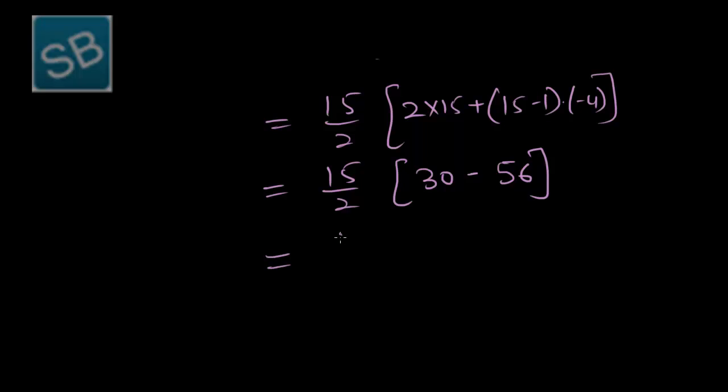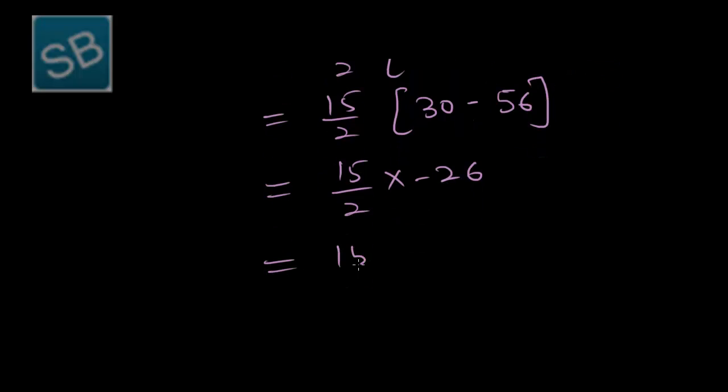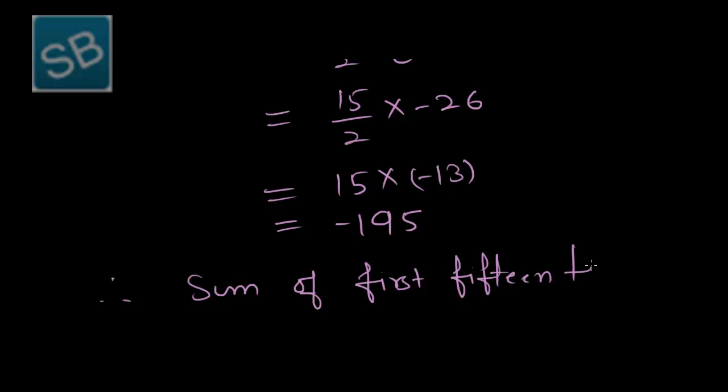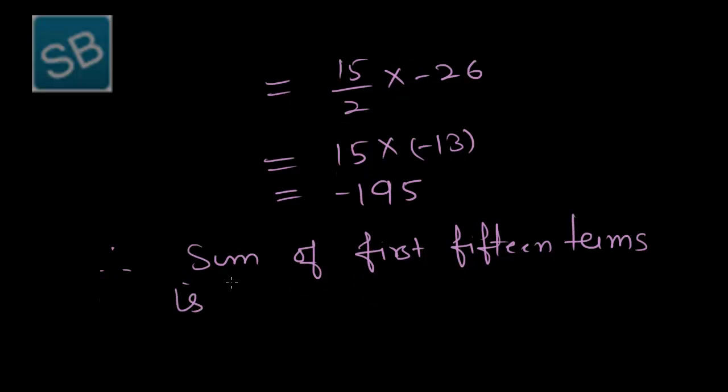So we get 15 by 2 into minus 26, that is 15 into minus 13. That gives minus 195. Therefore, the sum of the first 15 terms is minus 195.